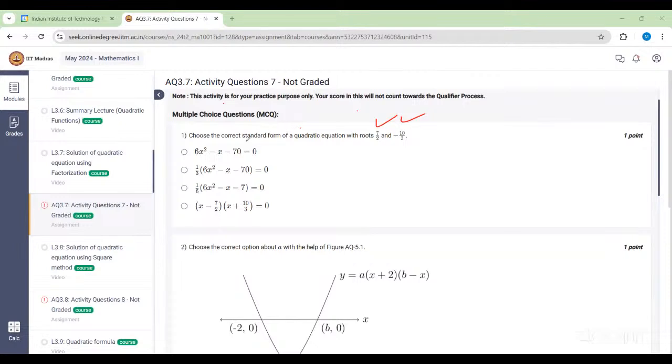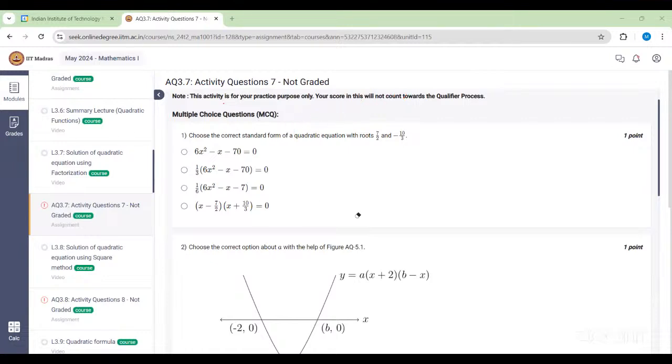Because we have to take the standard form, right? Standard form is given in y equals ax square plus bx plus c form. That's why. Okay. Standard form is this form. That's why these other options are not correct. We have to go via this particular form only.